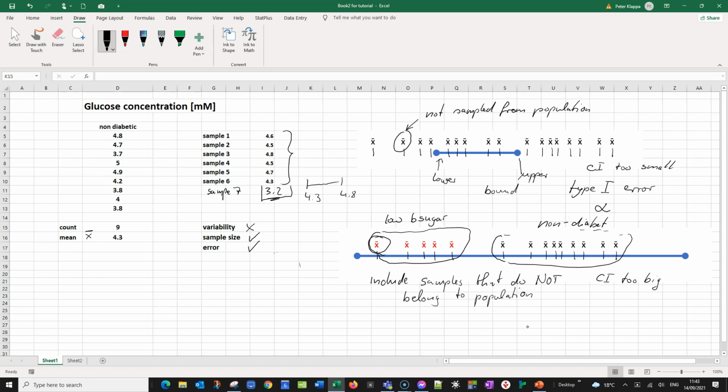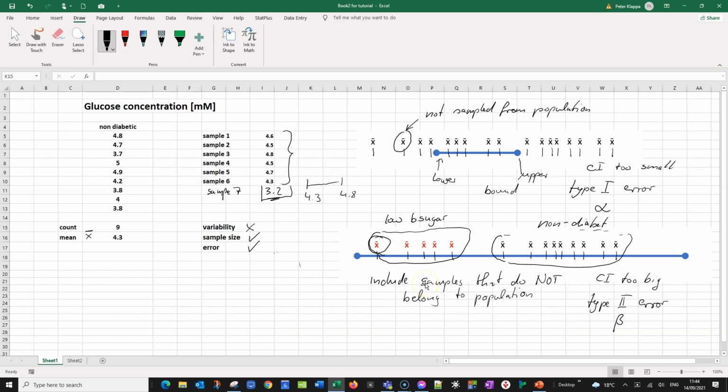And this is called a type 2 error. It is usually abbreviated with the Greek letter beta. So we've got type 1 error, that's alpha. That is when we do not include samples that belong to the population. And type 2 error is when we include samples that do not belong to the population.